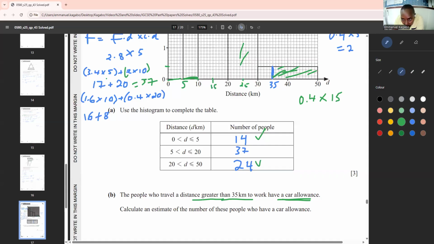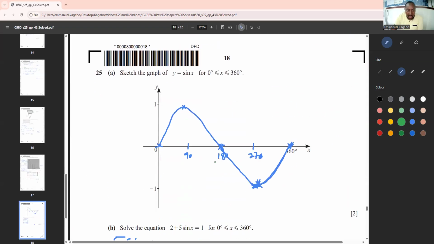Because I'm going from 35 to 50. 50 minus 35 gives me 15. So this one gives me 6. Do you understand how I get 6, guys? Because they told me to calculate an estimate of the number of these people who have a car allowance. They are those who travel a distance greater than 35 kilometers. So that's how I got it, and it's 6, okay?